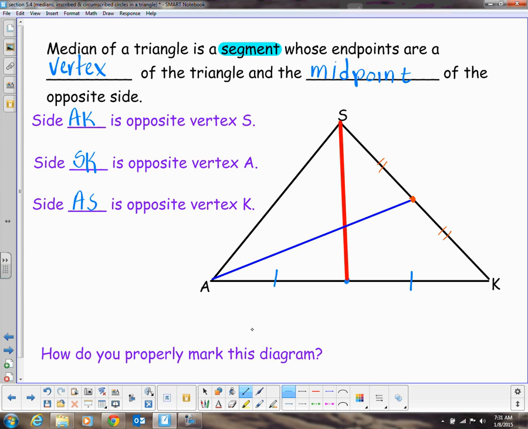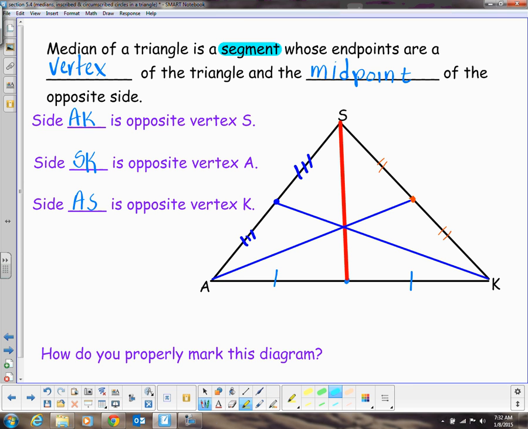How many medians are there in a triangle? 3, because each side has a midpoint. All right, so now let's find the midpoint of AS. If this is the midpoint of AS, how do I mark this appropriately? There should be 3 tick marks, and this median starts on which vertex? K, and it passes through and goes to the opposite side.